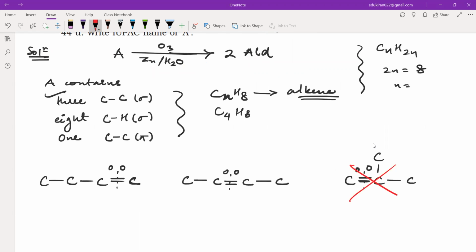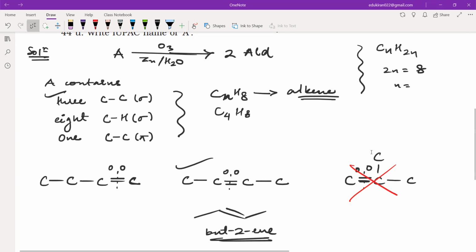So I have only 2 options left now. Tell me. Second one. Second one, right? Done. This is my structure. This is butene. Okay? Done.